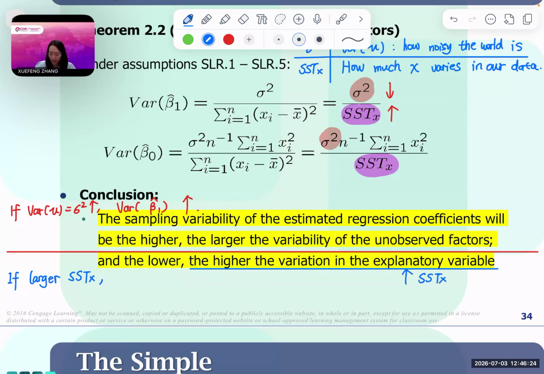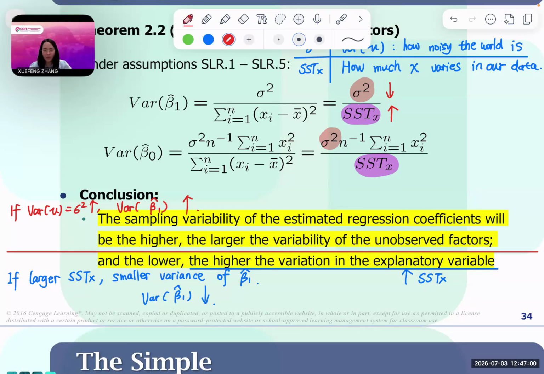So if SST is larger, we're gonna have the smaller variance, right? We're gonna have the smaller variance of beta 1 hat. Okay, this is the conclusion.